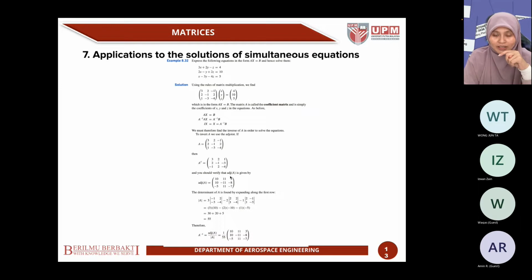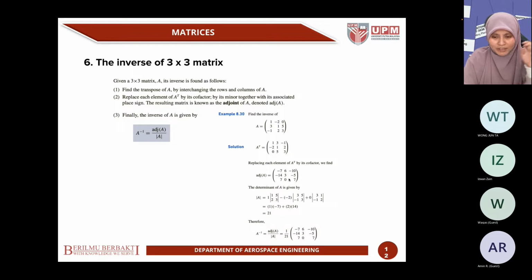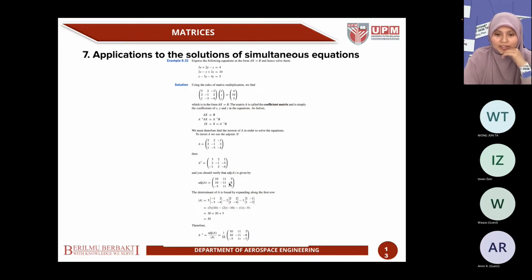And then you find the adjoint of A, using the formula just now with the cofactor signs, positive and negative. So you get the matrix adjoint A. Finally, to finish the inverse matrix, we need to calculate the determinant of A. Not the determinant of the transpose of A, it's the determinant of A. Calculate it using the formula given.